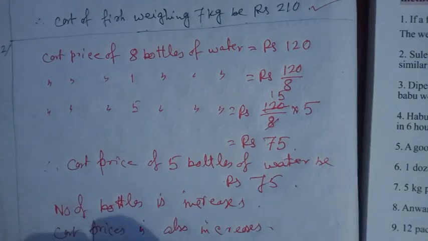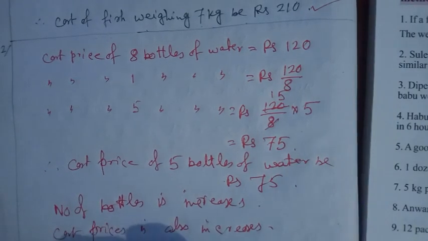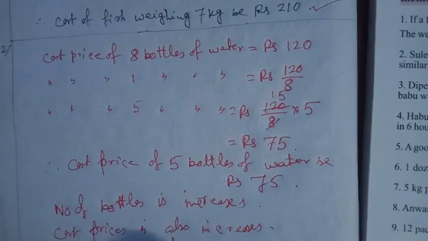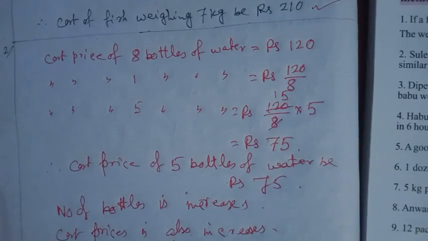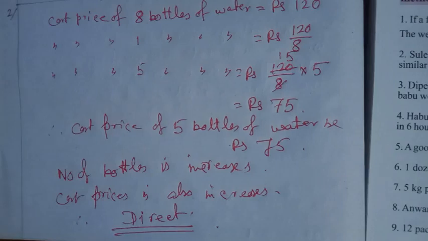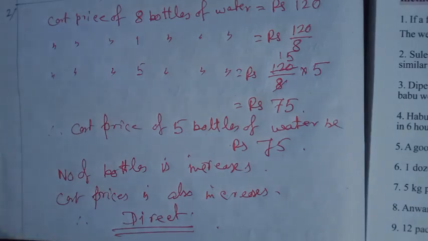Therefore these two are in which relation? Direct relation. If one thing increases, the other thing also increases, then these two things are in direct relation. And the other way, if one thing decreases, the other thing also decreases, then these are also in direct relation. And the question of inverse relation we will discuss later on.